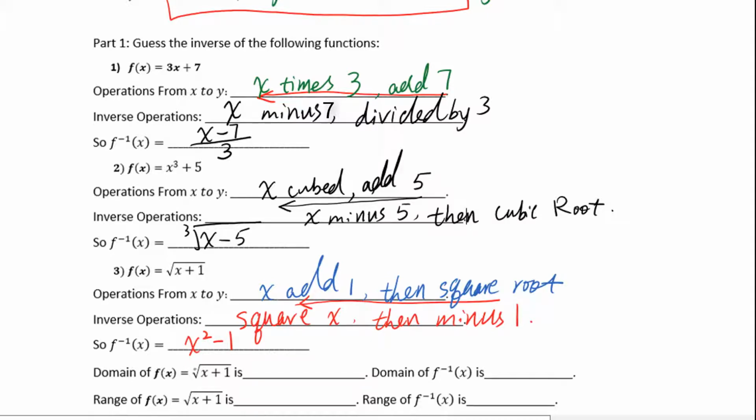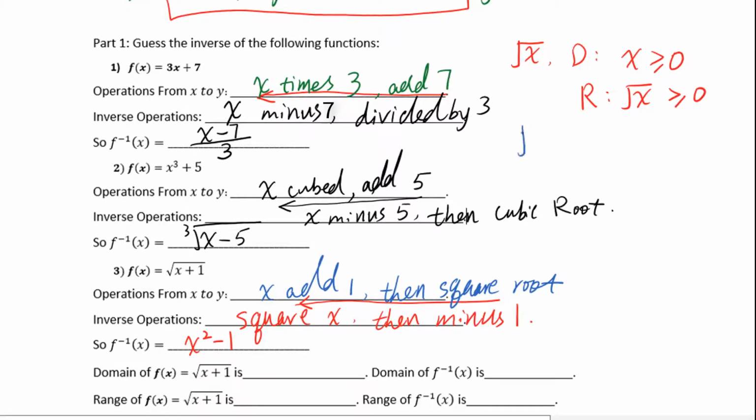Domain of f of x equals the square root of x plus 1 is, we know for square root of x, domain is radicand x greater than or equal to 0. The range will be square root of x itself greater than or equal to 0.